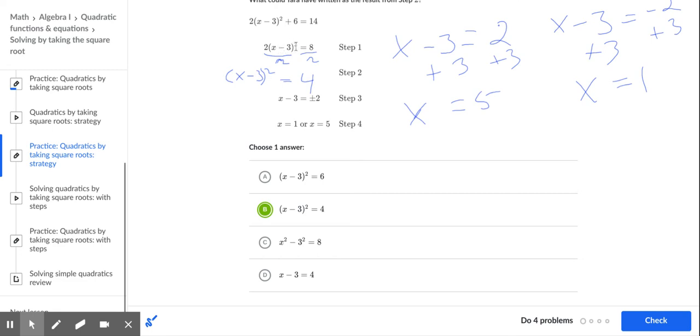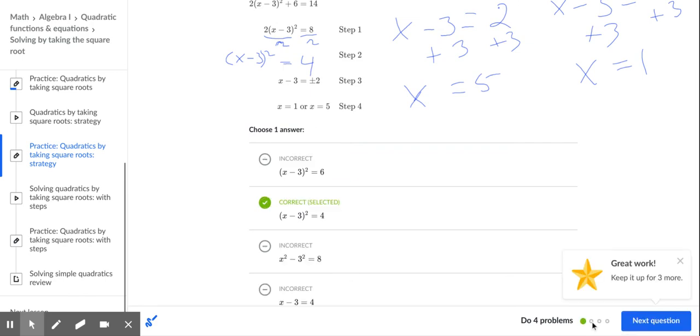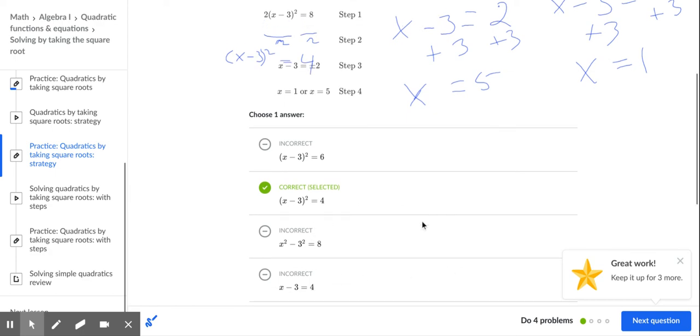So I can't distribute this squared, so this one doesn't make any sense. And also because then what happens to the 2? And in this one, they've just lost the squared. So that's not right either. So let's go ahead and check. And it was correct, so that's good.